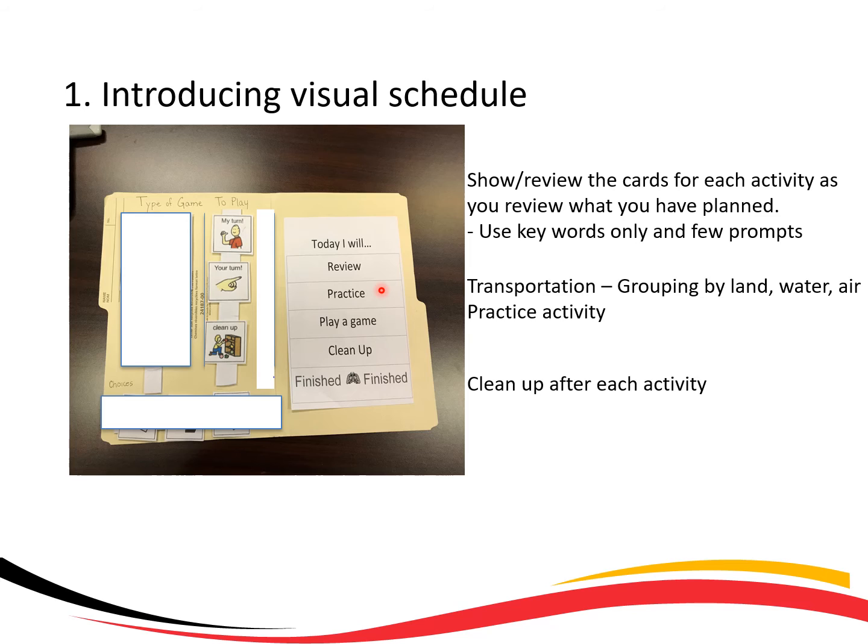See how much you can remember in each group. And then once we're finished the review and practice, we'll clean up all of these objects, put them away, and then it'll be time to play a game.